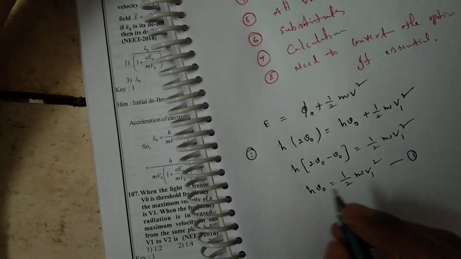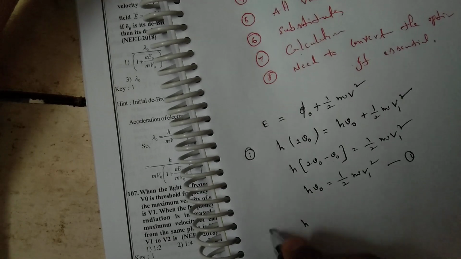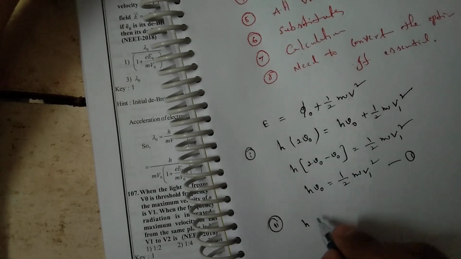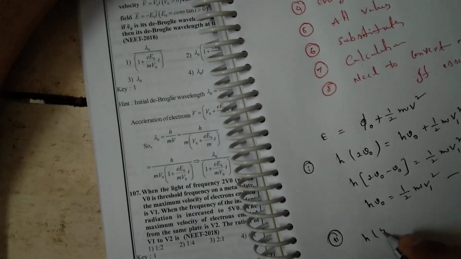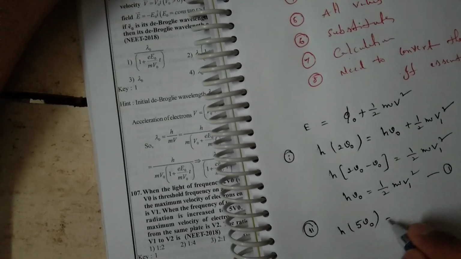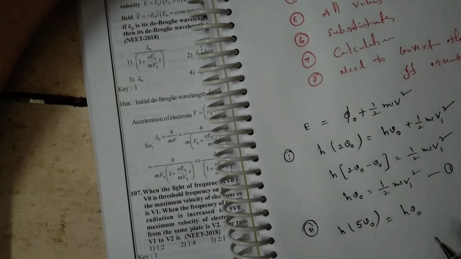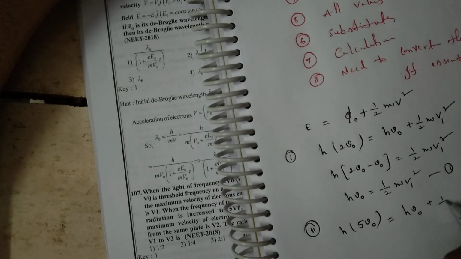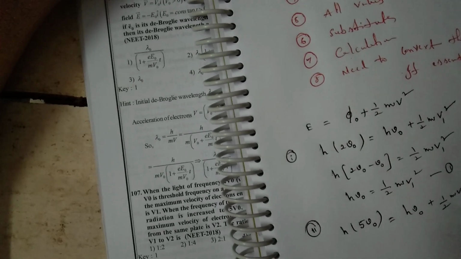Okay, and then come to the second case. H into, what is the frequency in the second case? The frequency is 5 nu naught, equal to phi naught, no change in this, h nu naught plus half m v2 square.